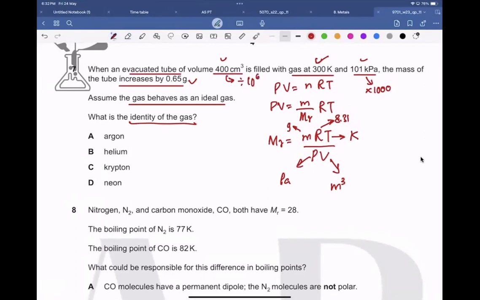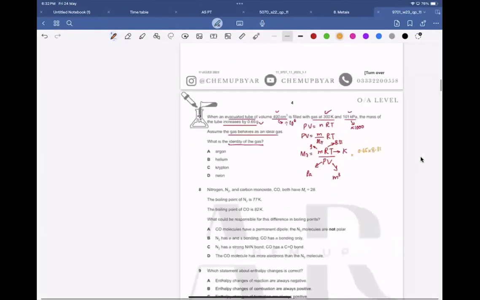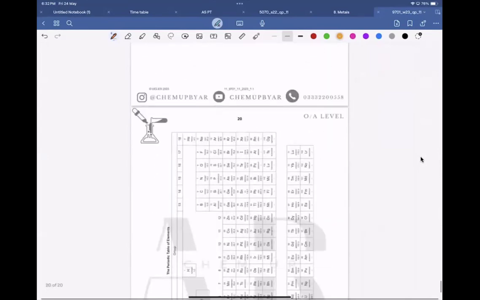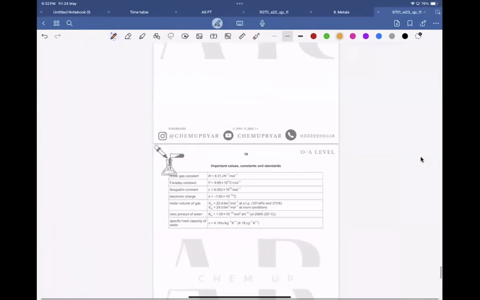Okay, now let's put the values. m is 0.65 times 8.31. It's, I think, 8.31 or 8.13. I always get confused. Yeah, it's 8.31.